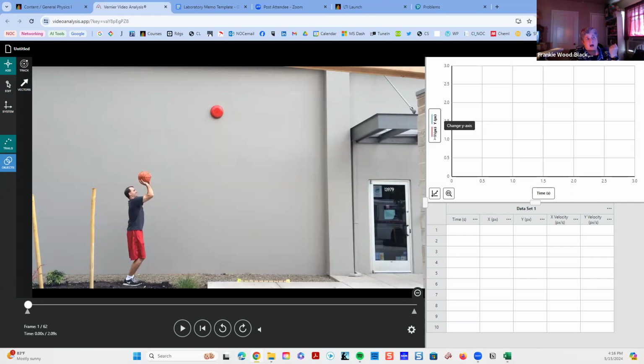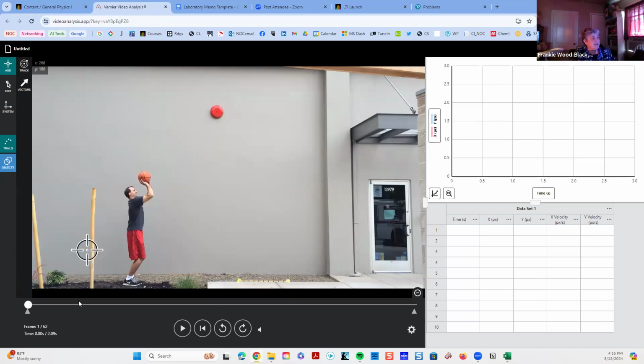Right now it's giving our units in pixels. We're going to use our video to do something better than pixels. And when you do your videos, you're going to want to have some sort of reference in the video so you know what a length is. You have a known length in your video.